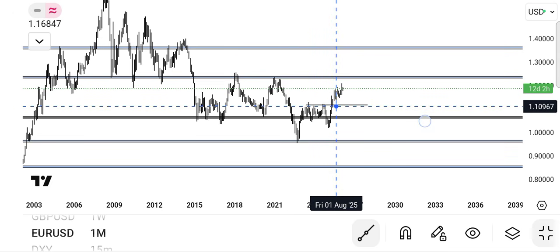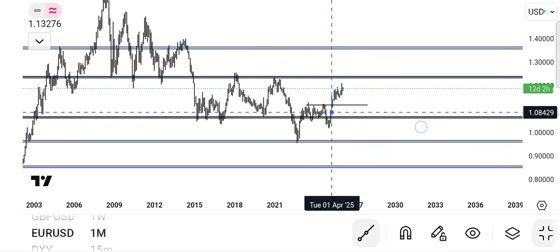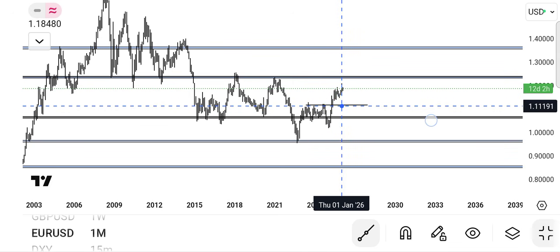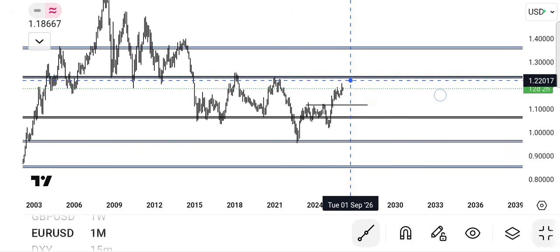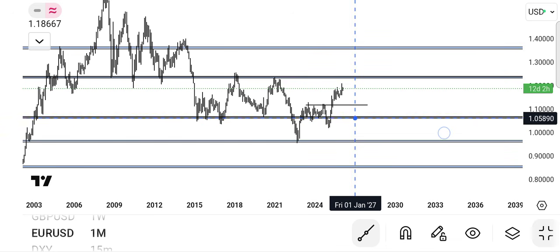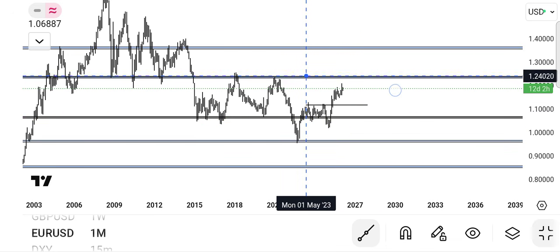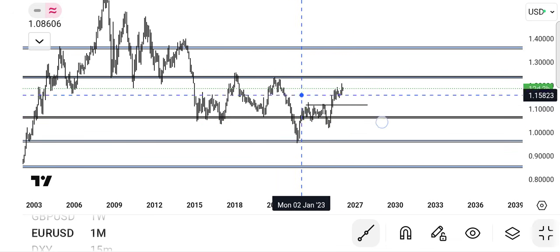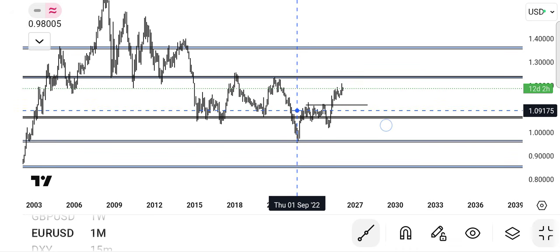Now, as a break and retest trader, I knew that as the market has broken out here, it is still going to come back to this place before continuing its movement, because there's a theory called market moves from zone to zone. You can see this is a clear zone that has been retested multiple times, and it's a monthly time frame key level that has always been respected.